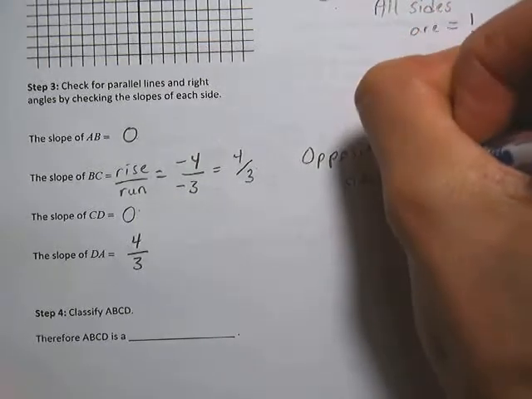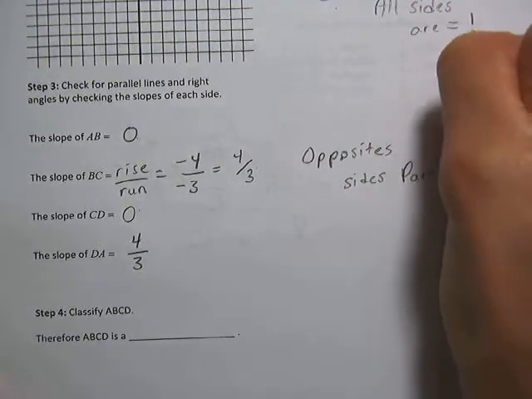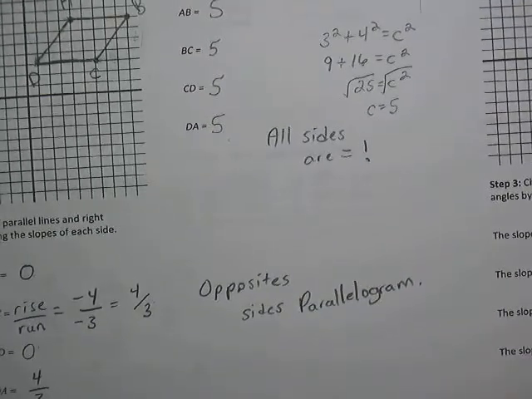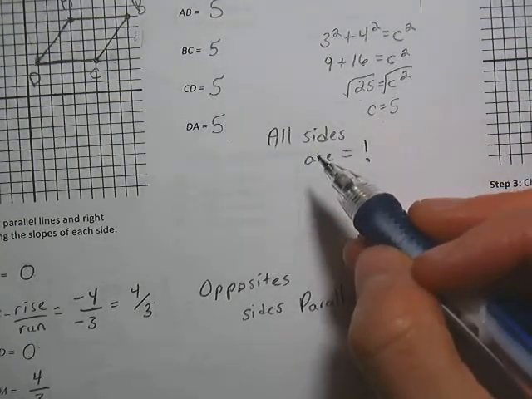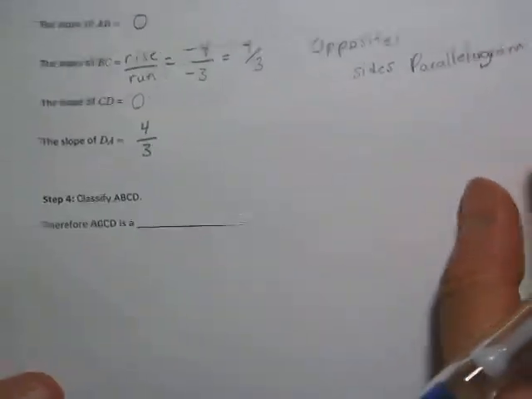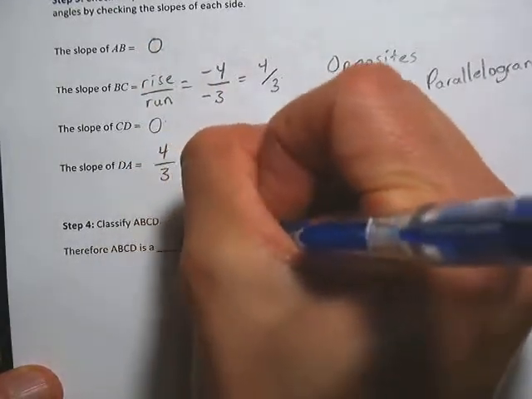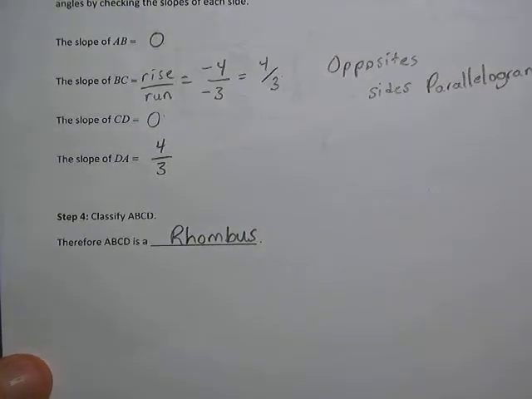So this is a parallelogram, but it's more specifically a rhombus, because a rhombus is a parallelogram that has equal sides. So if you had to classify this, you would give it the more specific name. So the last step in this is you classify your quadrilateral. So that would be a rhombus.